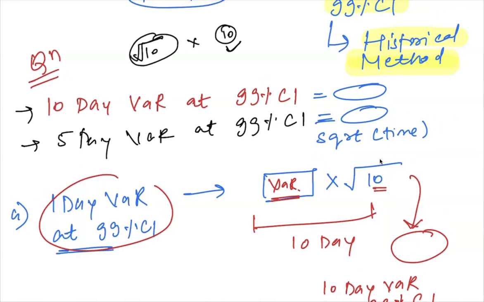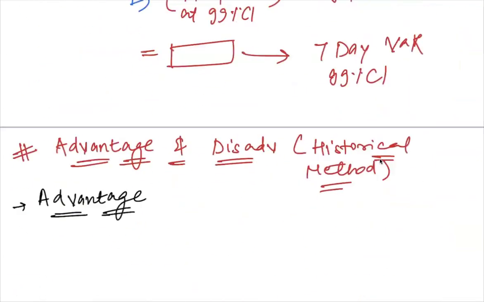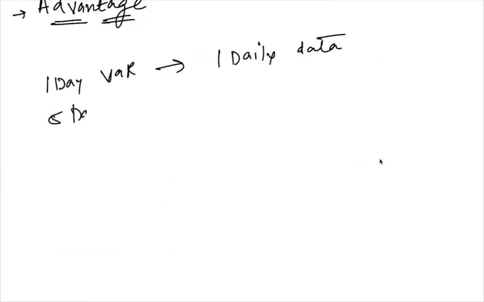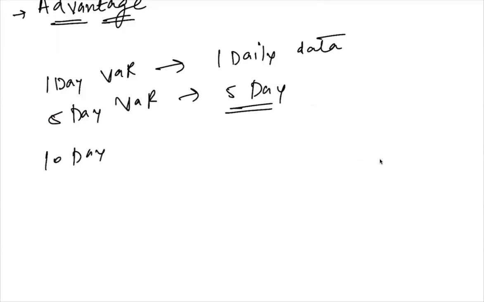When I say 1-day value at risk, what does this mean? We are using daily data. When I say 5-day value at risk, we'll be calculating a return every 5 days. When I say 10-day value at risk, I'll be calculating a return every 10th day.